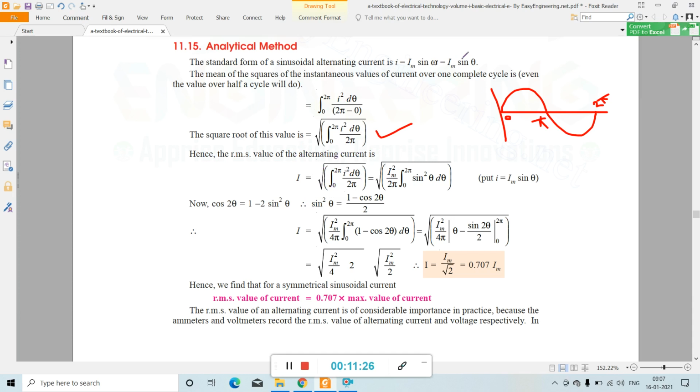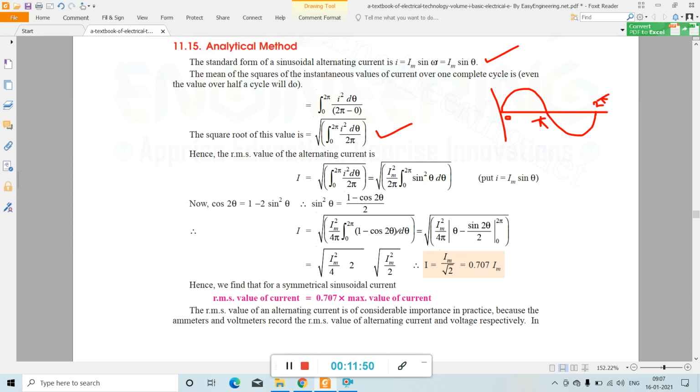Here I is Im sin omega t or Im sin theta, so we put Im sin theta. Since it is squared, Im square by 2 pi is a constant, so we keep it outside the integration. Then the integration from 0 to 2 pi of sin square theta d theta. For sin square theta, we can put (1 minus cos 2 theta) by 2.